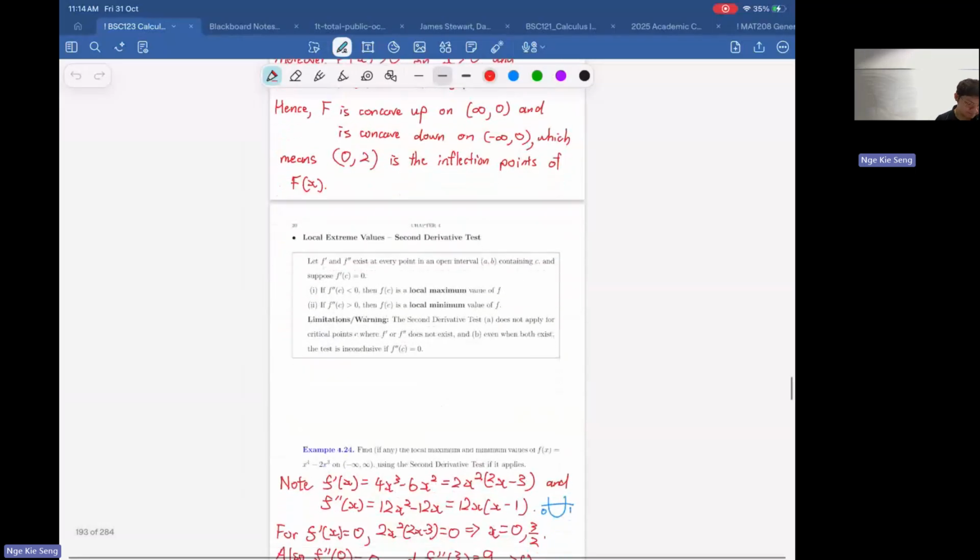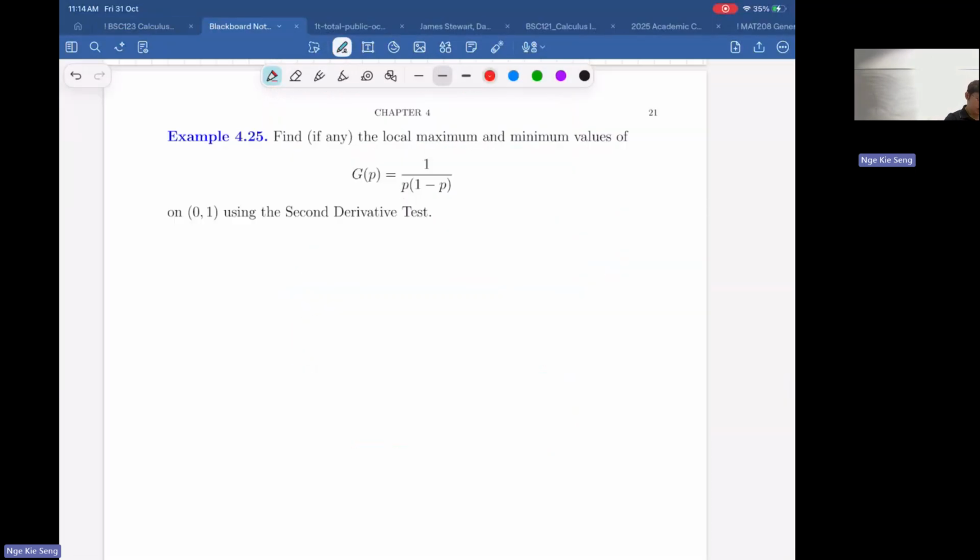Okay, let's check the derivative. Anyone can tell me what's the first derivative here?